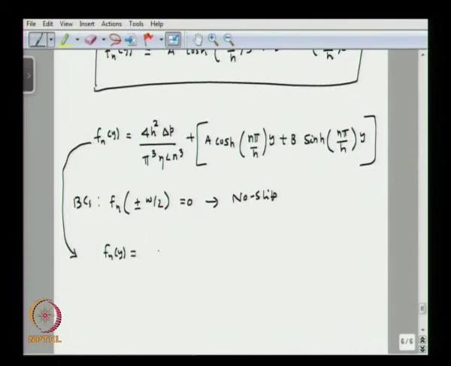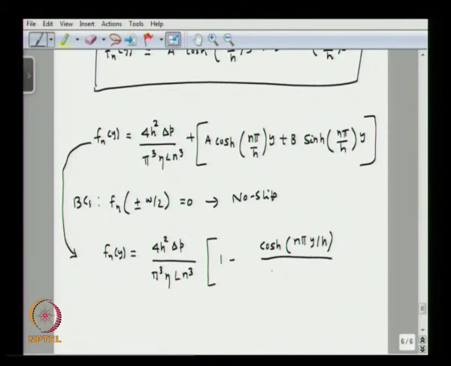4 h square delta p divided by pi cube eta L n cube into 1 minus cos hyperbolic of n pi y over h divided by cos hyperbolic n pi w over 2h.